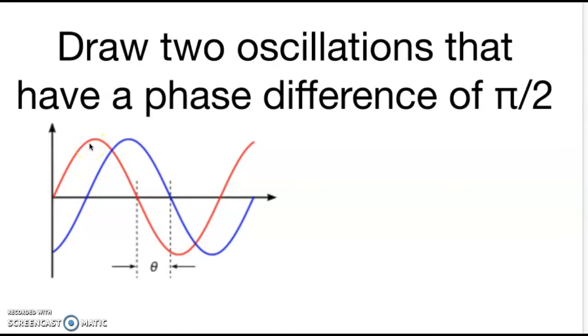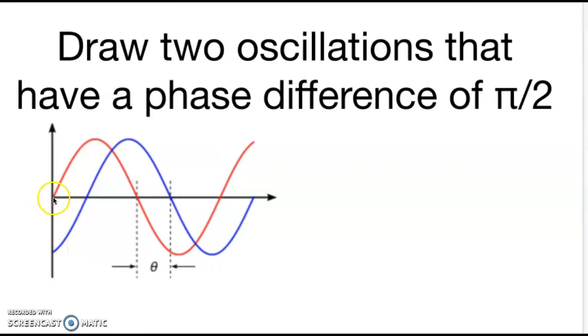Now the best way to think about this mathematically is to think about time. The period of this one from here to here, if we use that, a quarter of that entire period is the time it will take the blue one to catch up.